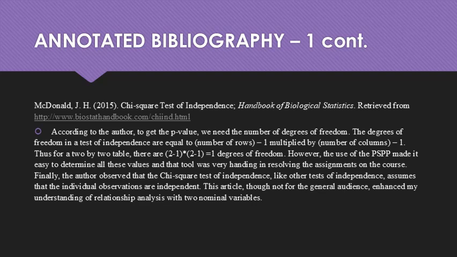Thus, for a 2 by 2 table, there are 2 minus 1 multiplied by 2 minus 1, which give us 1 degree of freedom. However, the use of the PSPP made it easy to determine all these values, and that too was very handy in resolving the assignments on this course.